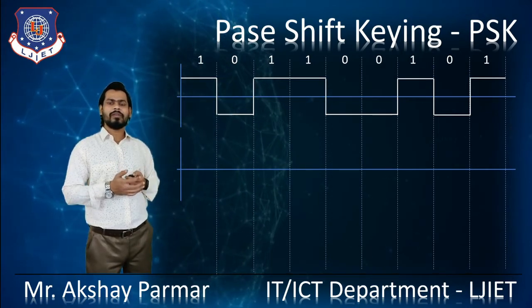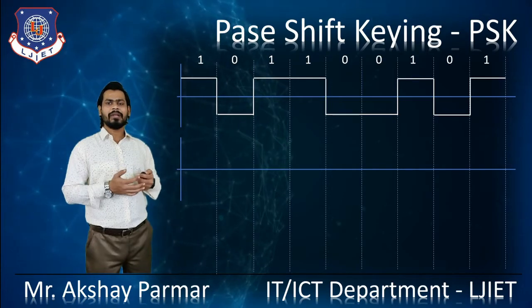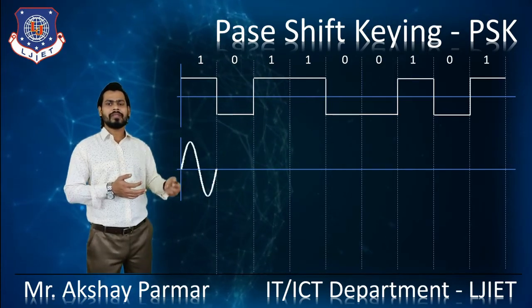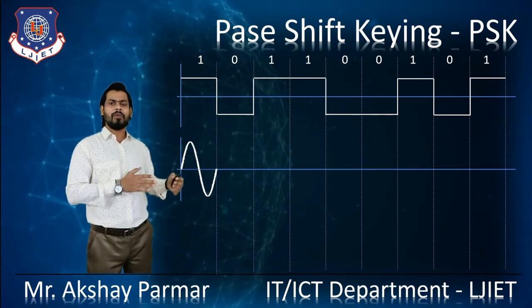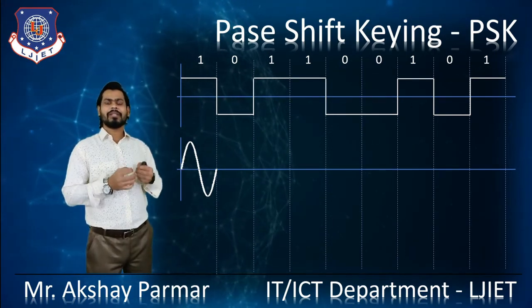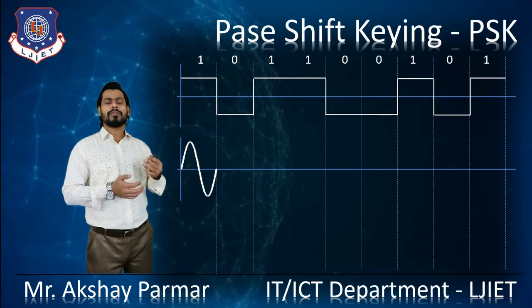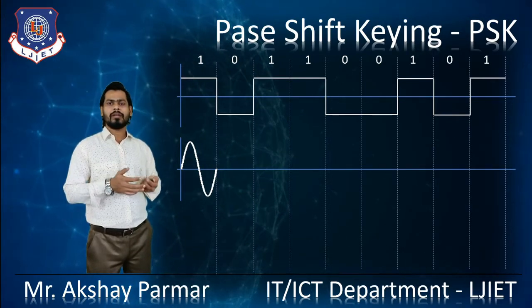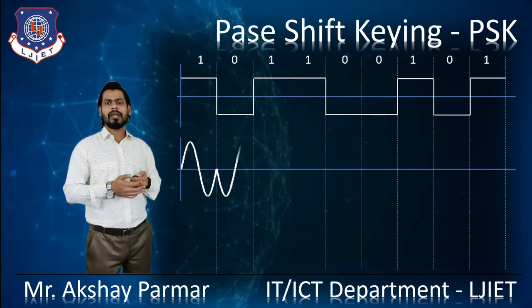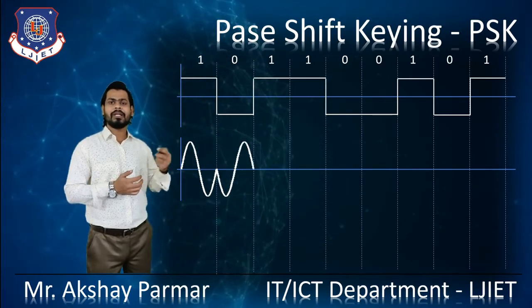So first of all, we are representing bit 1 by this phase, right? Whenever bit 1 occurs, it will follow this. After that, whenever bit 0 occurs, its phase reverts by 180 degrees, so its phase will be inverted, and that's how we are representing bit 0, right?